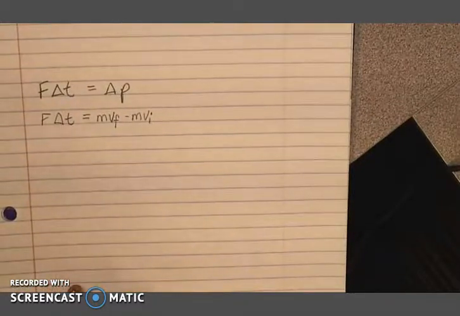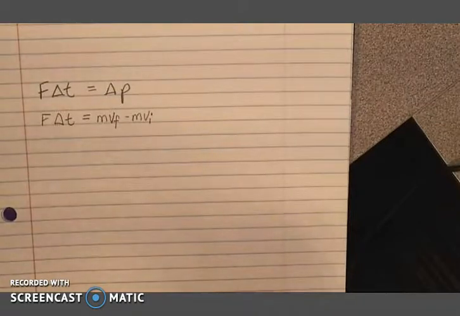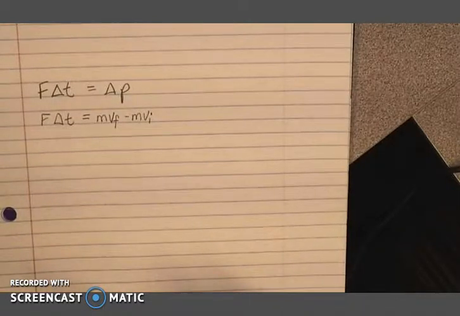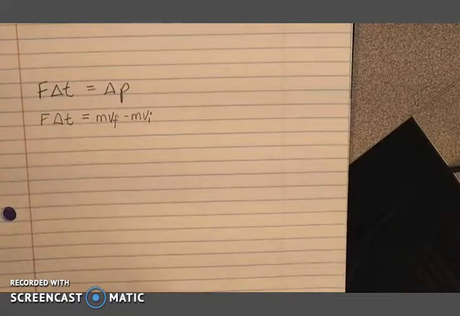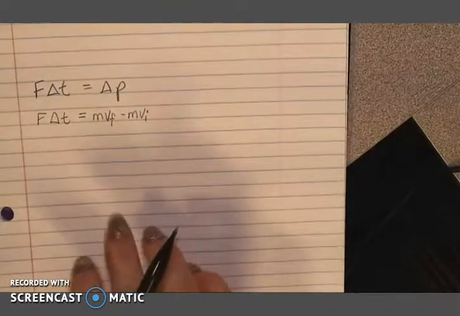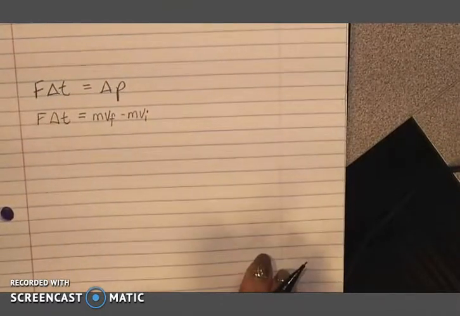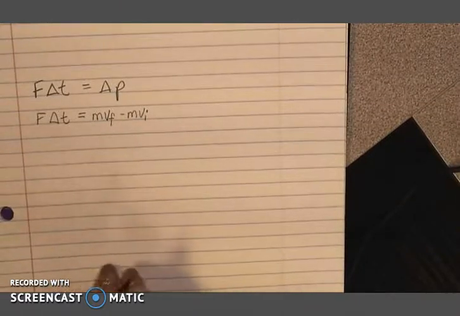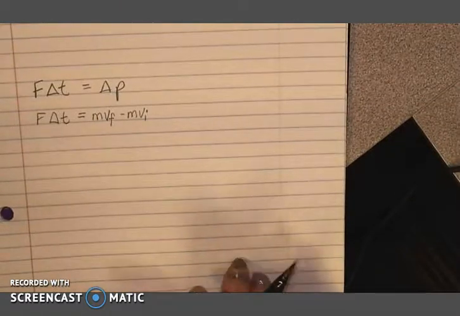So let's look at an example of the impulse momentum theorem. And let's see, I'm actually going to go ahead and put that onto the next video. So we talked about what the impulse momentum theorem is, and then we'll go through an example or a couple of examples in the next video because we're running out of time, okay?